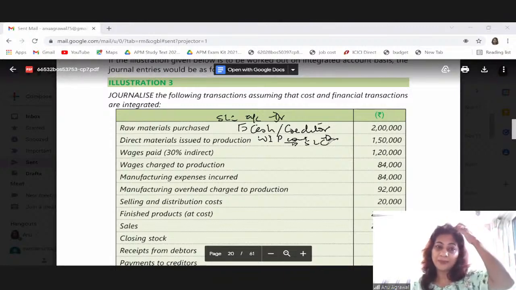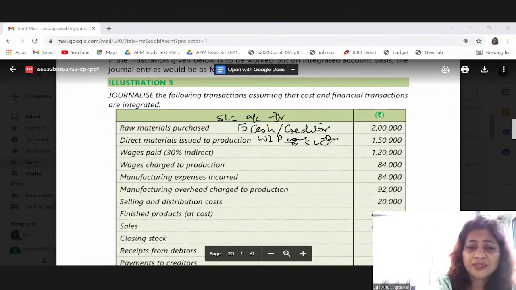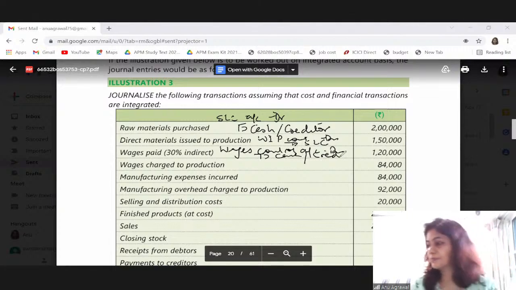Yes, wages paid, 30% are indirect. So out of 120, 30% are indirect. Yes. First of all, wages control account, debit, to cash or creditor for expenses.